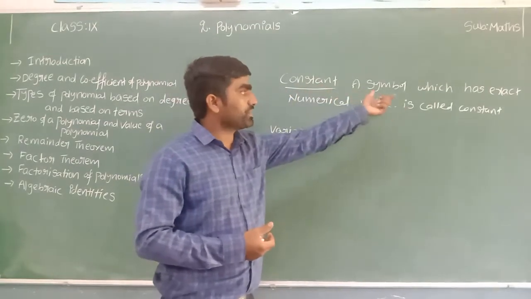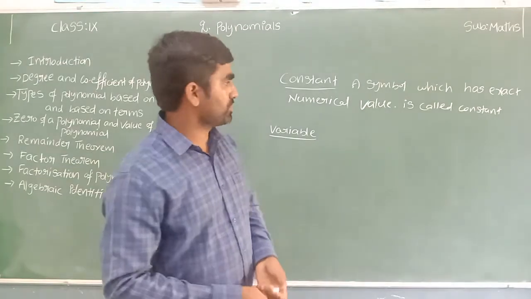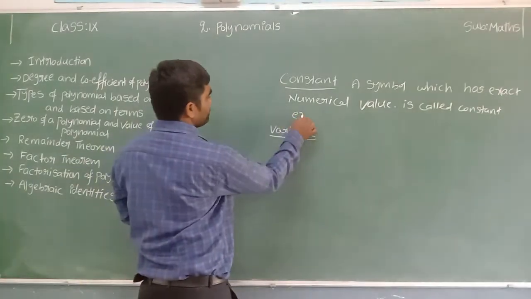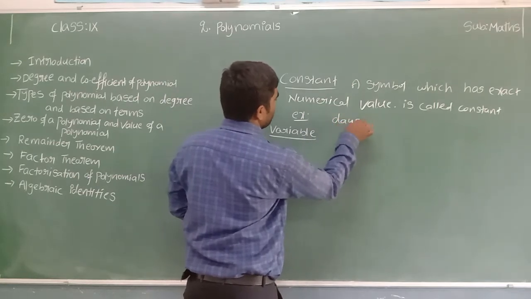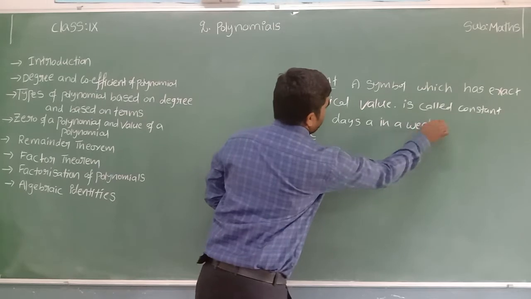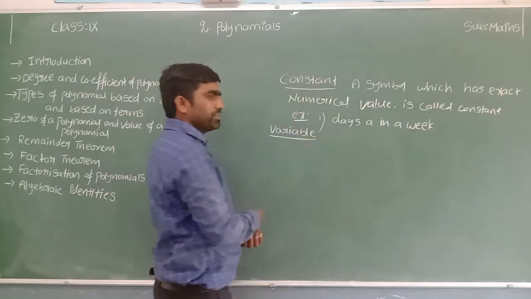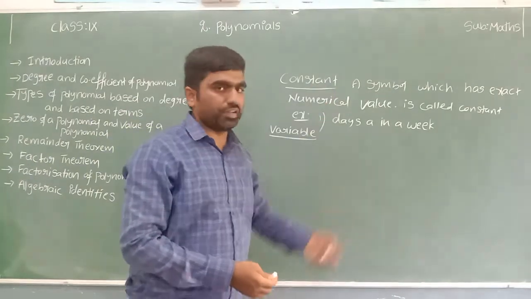A symbol which has an exact numerical value is called a constant. Example, days in a week, colors in a rainbow, months in a year.